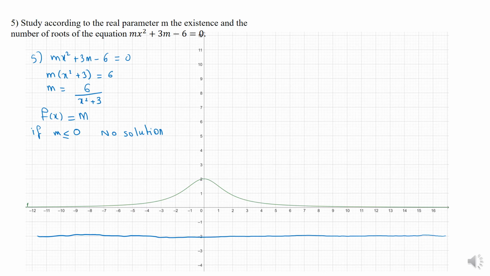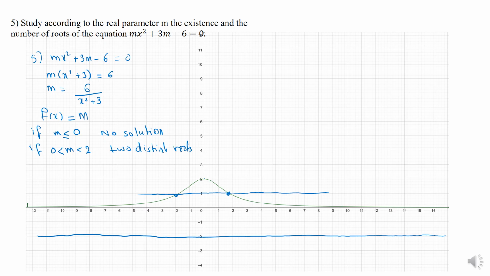If m is between 0 and 2, you will have 2 points of intersection. So if m is between 0 and 2, we have 2 distinct roots.